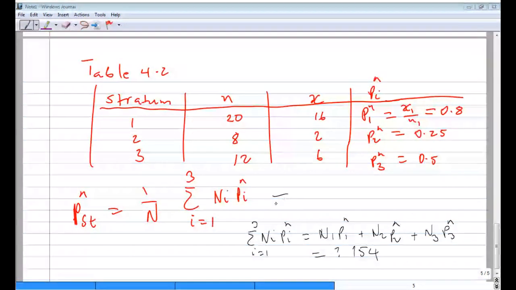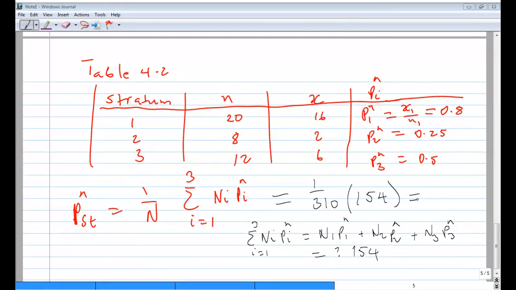So that means here, 1 over overall population size 310, isn't it? Multiply by 154, like you said. What is the answer? I got 0.497.